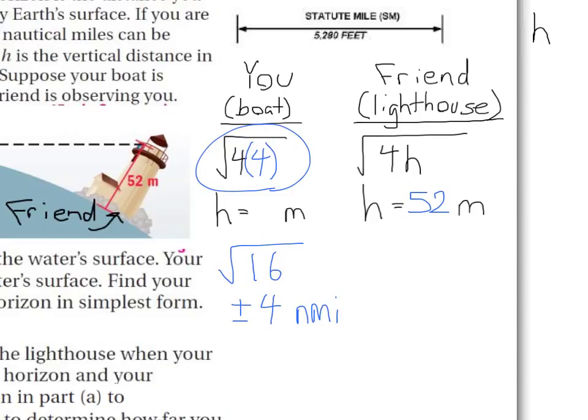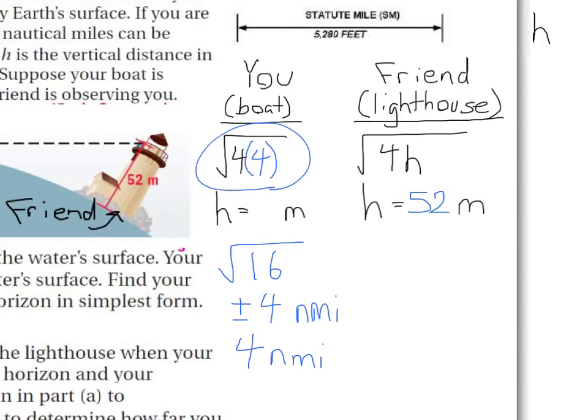You cannot have negative distances. This is something we've discussed at great length in class. And because you can't have a negative normal mile, you certainly cannot have a negative nautical mile because those are both units in distance. So the true and correct answer that we are looking for is nothing more than positive 4 nautical miles for us. We have now calculated that r is 4 nautical miles.